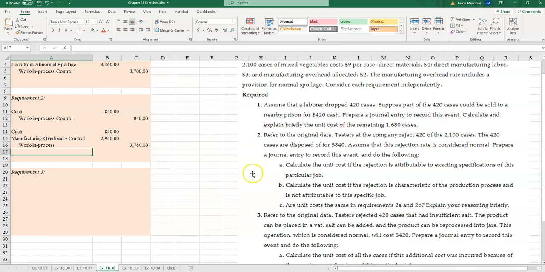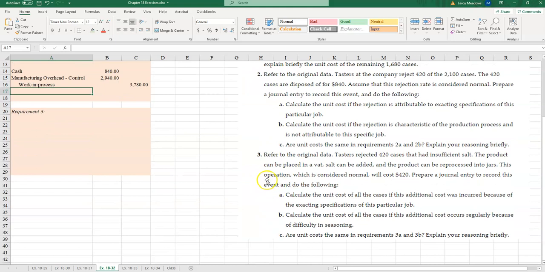So now let's take a look at situation 3. Tasters rejected 420 cases that had insufficient salt. The product can be placed in a vat, salt can be added, and the product can be reprocessed into jars. This operation, which is considered normal, will cost $420.